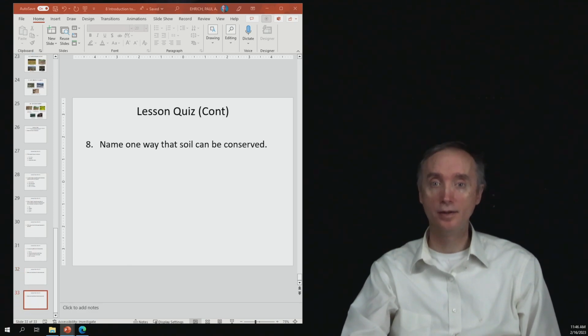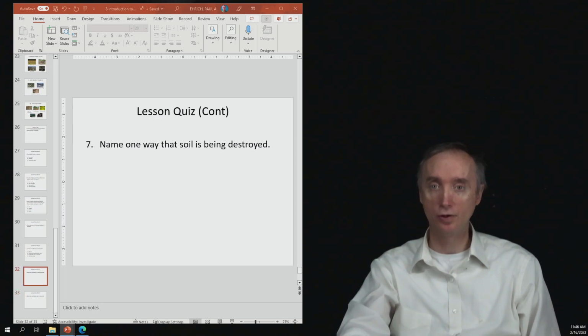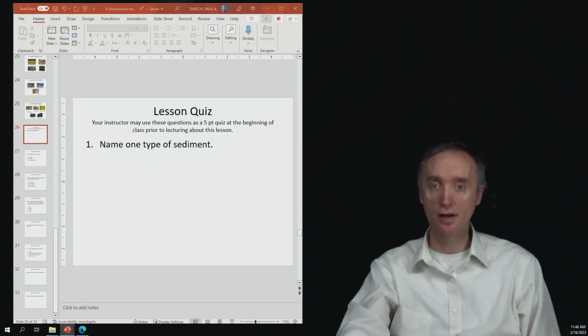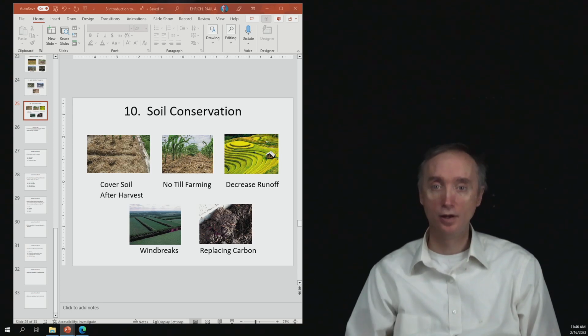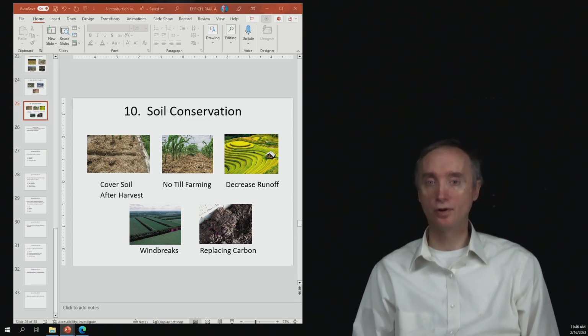Number 8, name one way that the soil can be conserved. Okay, so if we go back up to this slide one more time, we talked about that you could cover the soil after the harvest. We said that you could, instead of using a machine that's going to break up the soil, instead of tilling the soil, just plant directly into the soil.